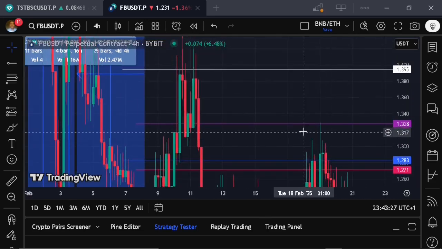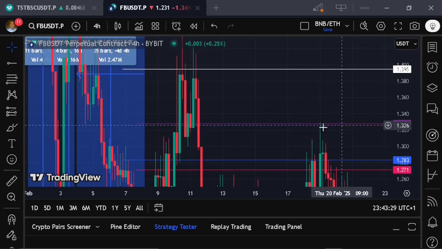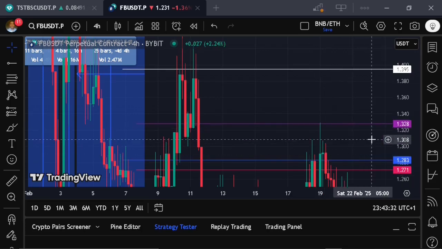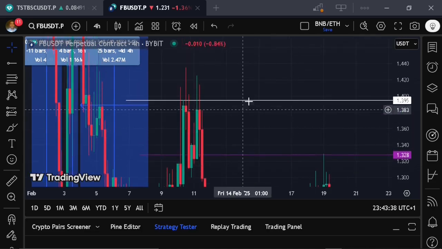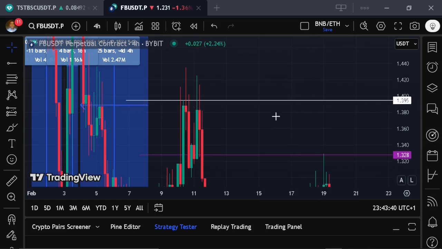And your safety price is at the 19th% of the most current bullish trend section, which is 1.328. And finally, your take profit price is at the 25th% of the most current bullish trend section, which is 1.395.